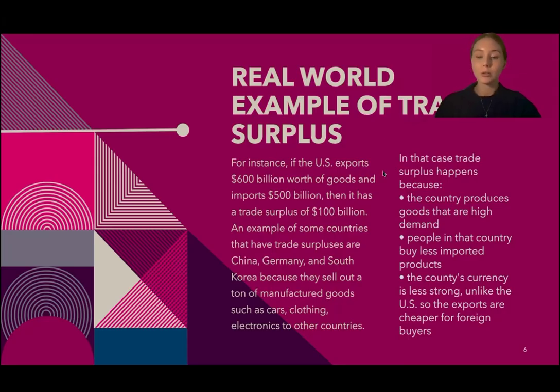Like I mentioned, Germany is a big car producing nation. For instance, if the US exported $600 billion worth of goods and imported $500 billion, then the trade surplus would be $100 billion.